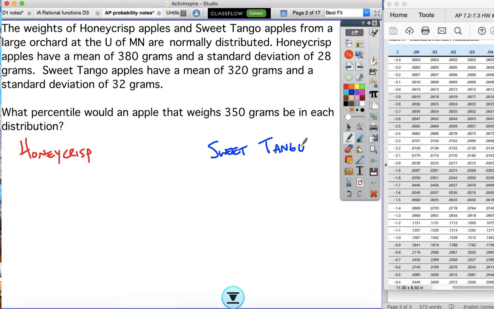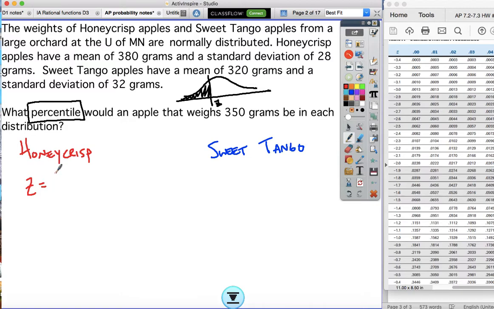All right, now if you're talking about percentile, we can measure percentile. That would be anything on a normal curve at or below a certain value. So this ties into z-scores. If we find a z-score, we can find the percent to the left or less than that z-score, and that's your percentile. So for Honeycrisp, let's find the z-score.